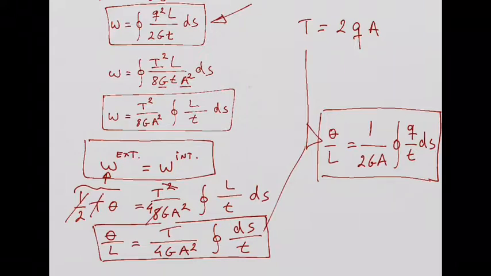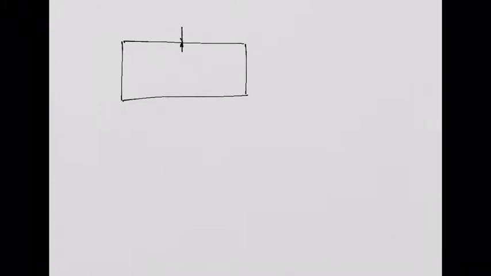So I can start with a very simple example. I'm going to copy it here. So this simple example is something like this. A rectangular cross-section, like this one. This thickness here is 3.0. This one is 1.0. So dimensions in millimeters, okay?